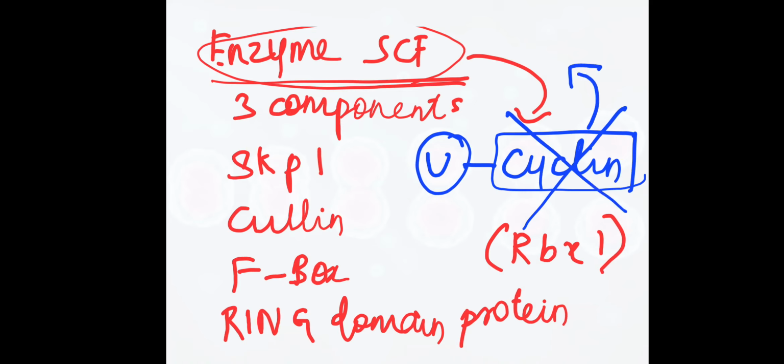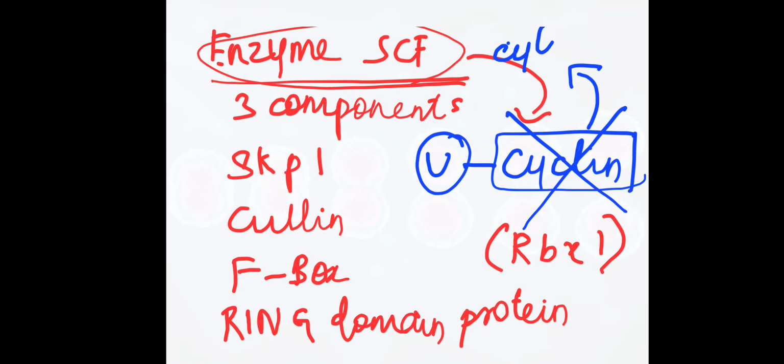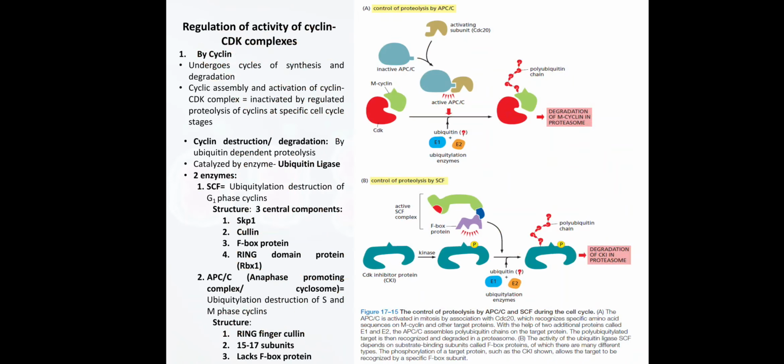It will degrade the cyclin CDK complex. So the cyclin CDK complex is also degraded. See here, the regulation of activity of the cyclin CDK complex we are discussing is by cyclin. It undergoes cycles of synthesis and degradation.